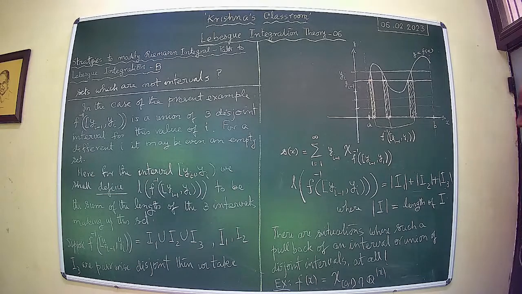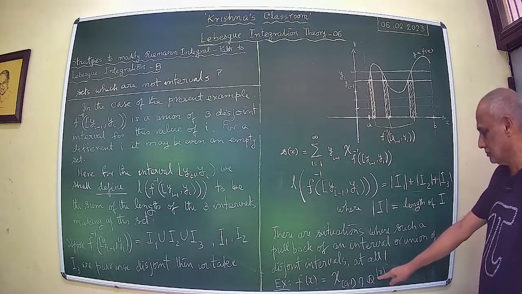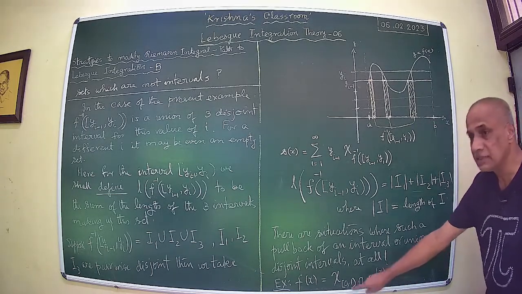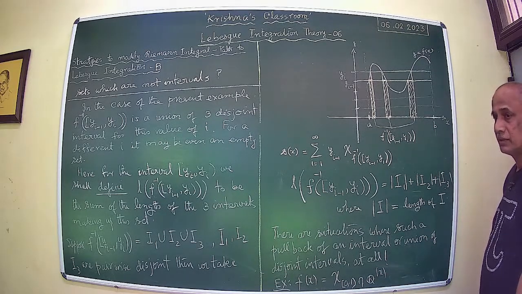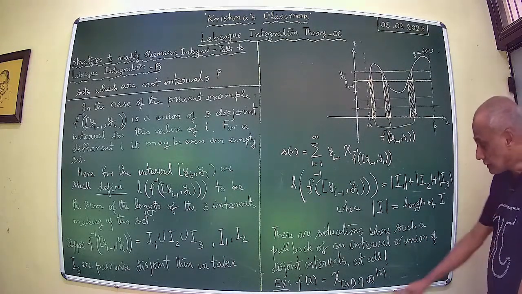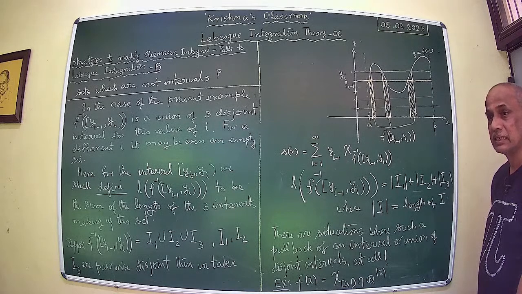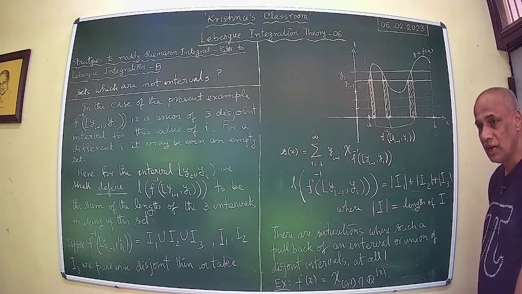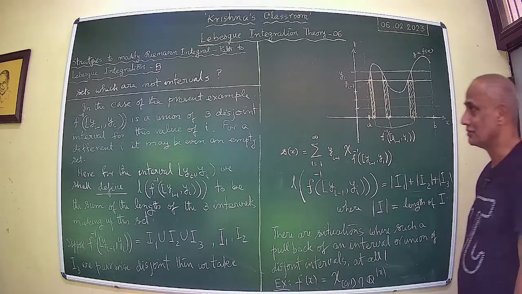This function is 1 at all rational points in the interval 0, 1. And this function is 0 at all irrational points.